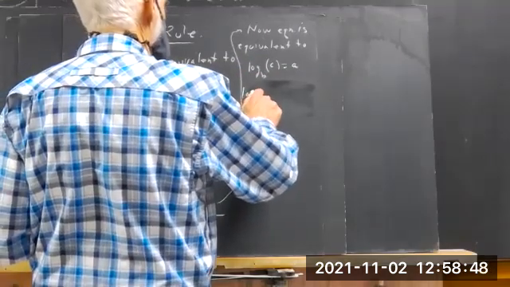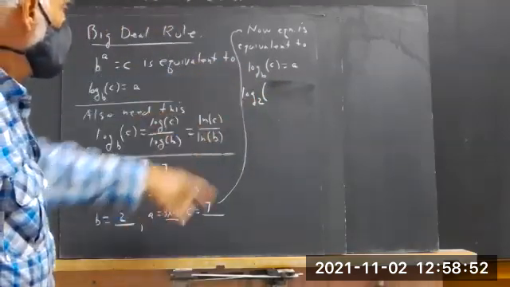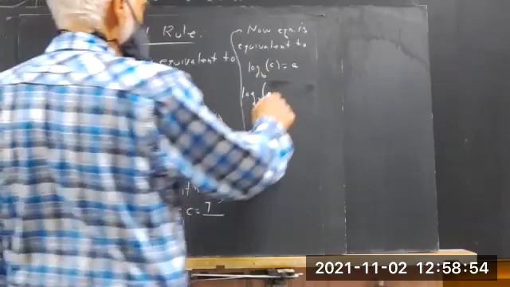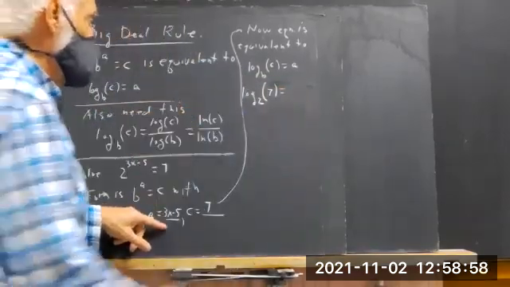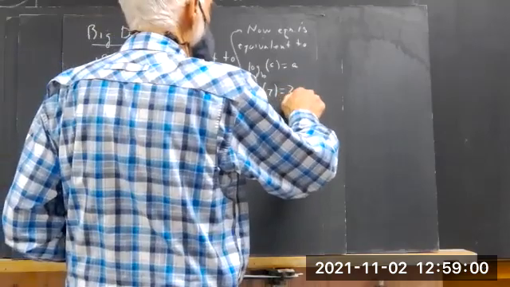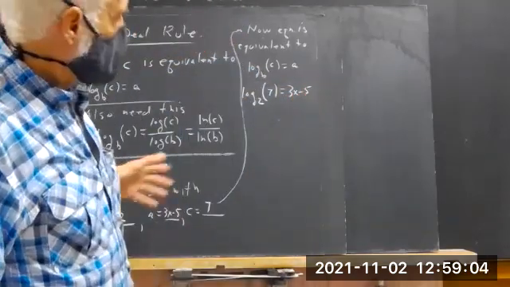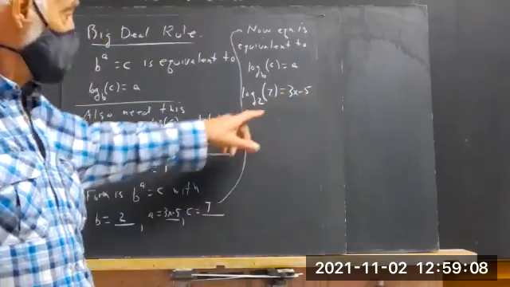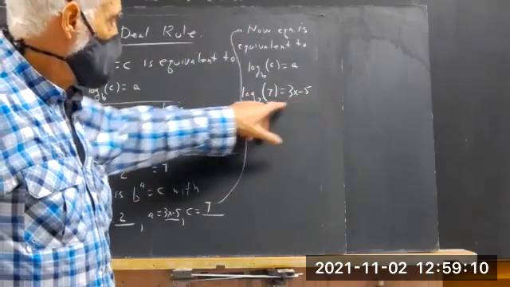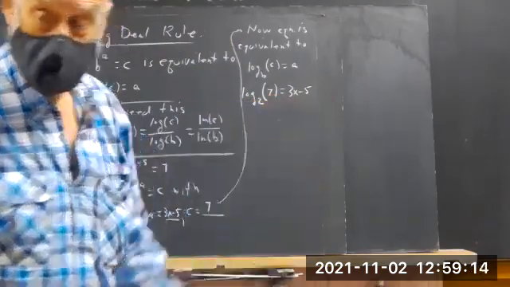Log base 2 of 7, because b is 2 and c is 7, equals a, which is 3x minus 5. Now, I'm not going to show you how to solve this. I want to see what you do, and then I'll show you details. So how do we solve this equation for x? x is the unknown.